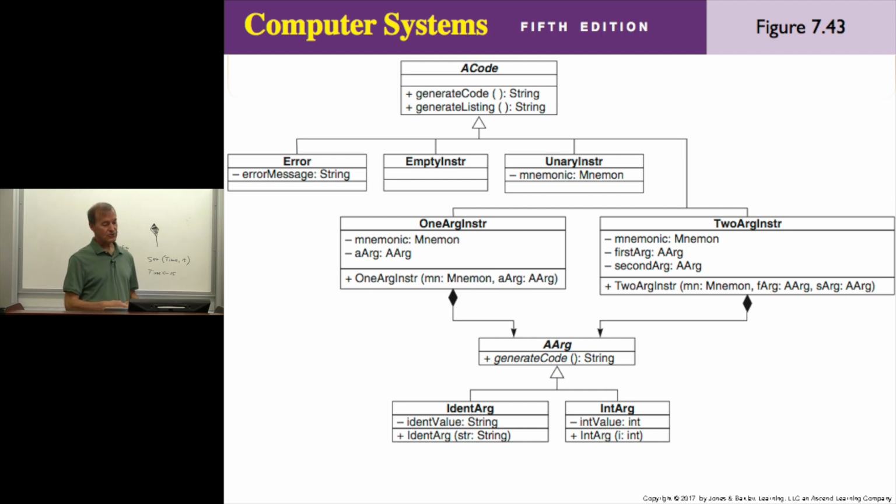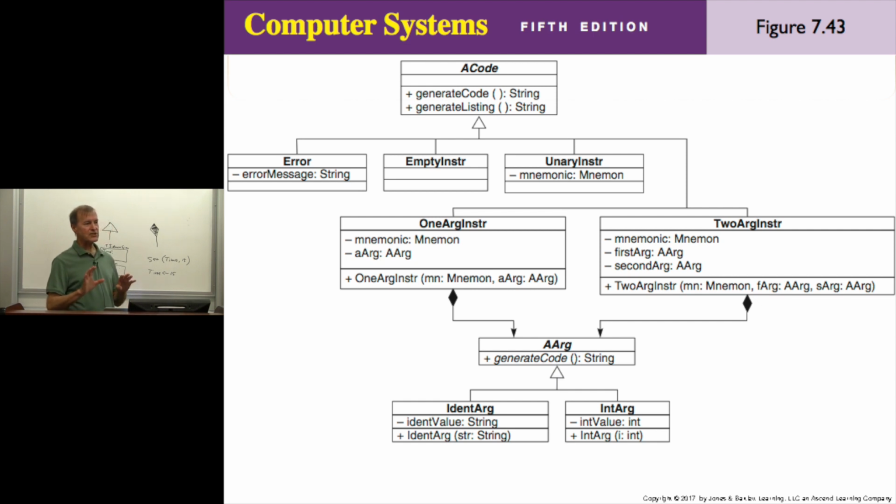So don't use these names. There are some guidelines in the problem description of the text about naming conventions for these. And now, on the bottom part of the figure, that's our abstract arg, which is an ident arg and an int arg.